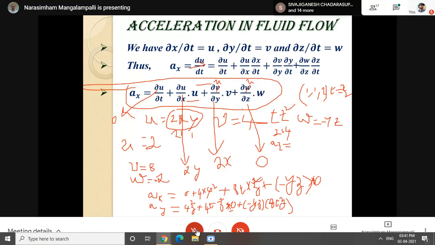First one is 40. Second one, 4xy square.